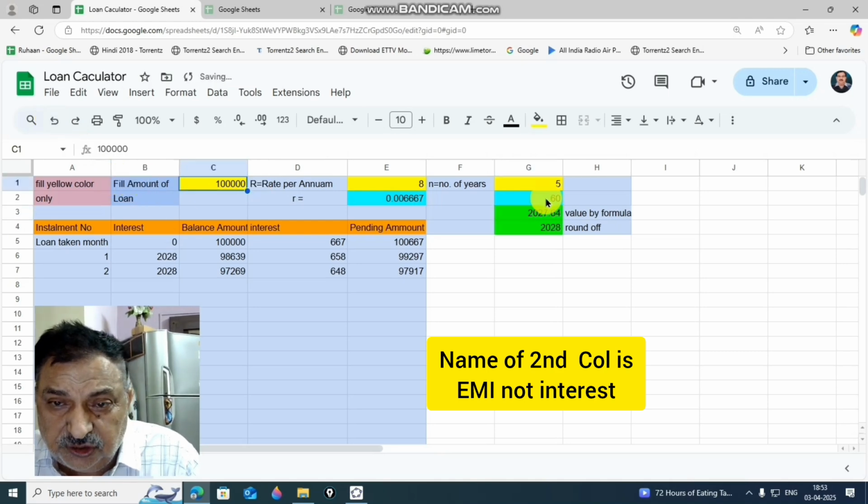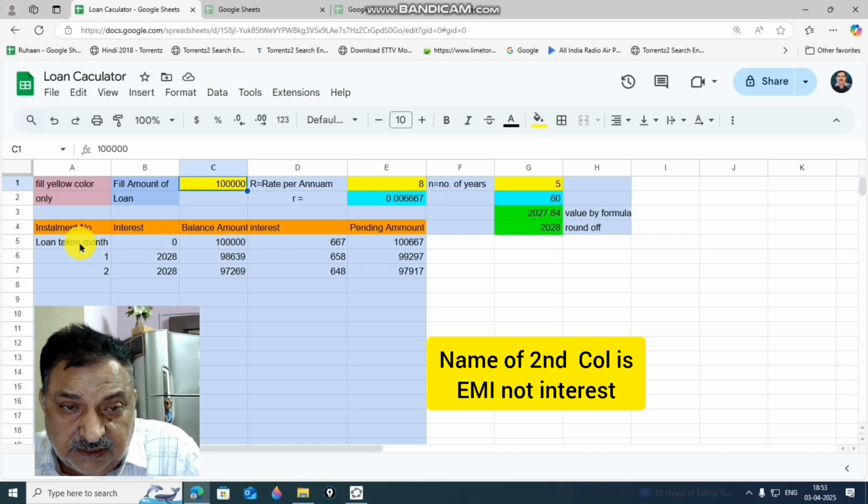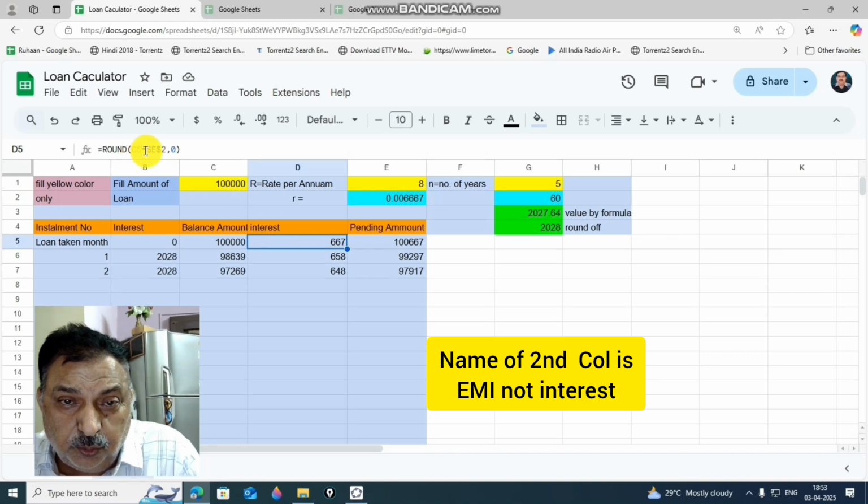Now fill only 5 lines. We have taken interest for this month. Interest is 0, balance amount is 1 lakh. Interest, you see the formula: principal into rate into time, 1 month.